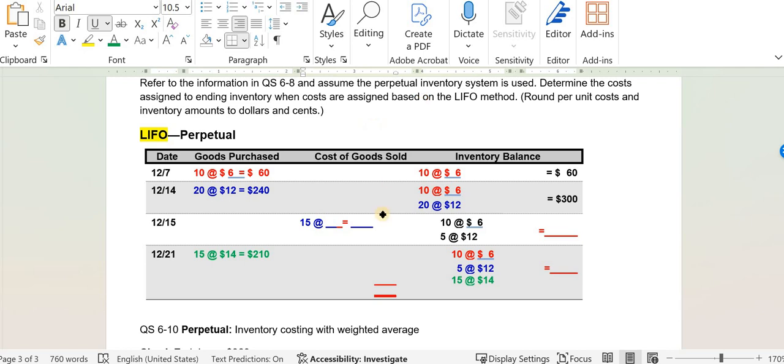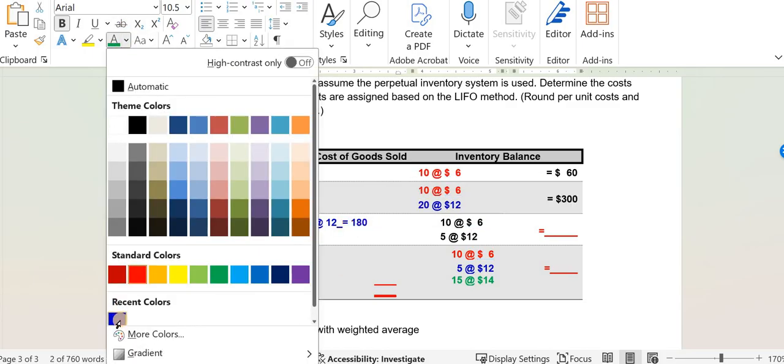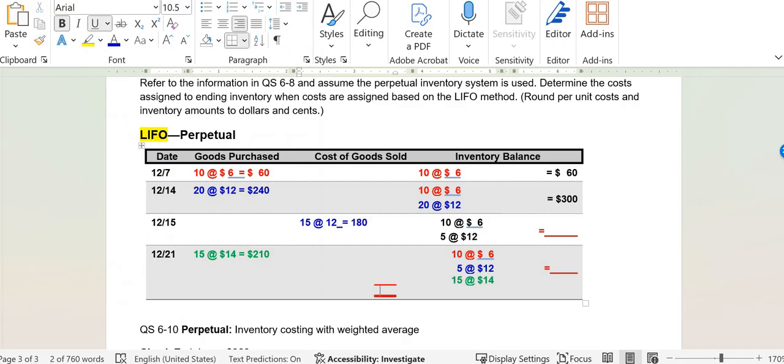So what am I going to pick for my 15 units? I'm going to pick blue ones because that was the most recent layer and they cost me $12 each. My cost of goods sold then is $180. Guess I ought to make that blue too, shouldn't I? Boom. So cost of goods sold is 180.